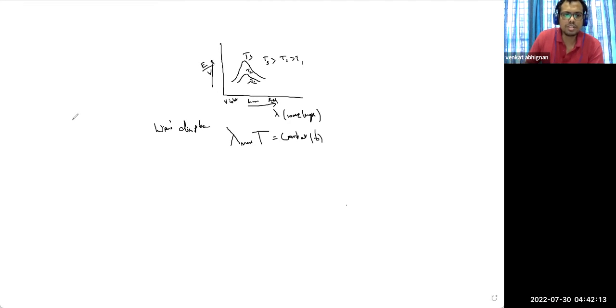We'll be trying to see this using thermodynamics. And so why are we using thermodynamics here?